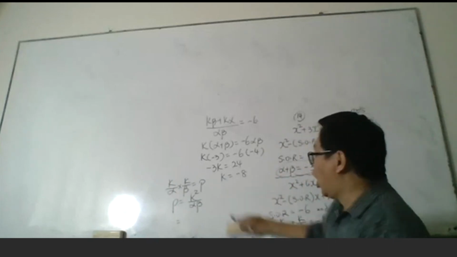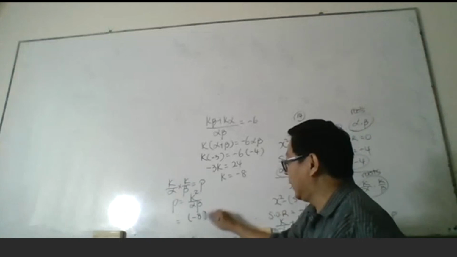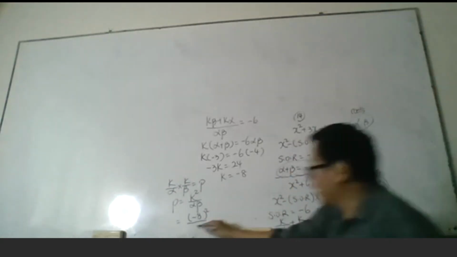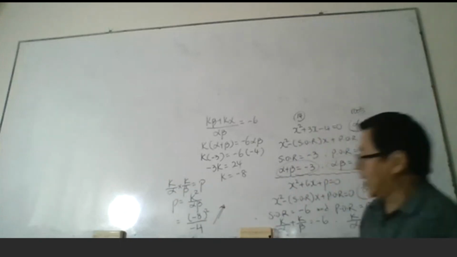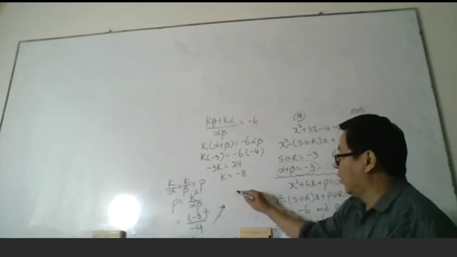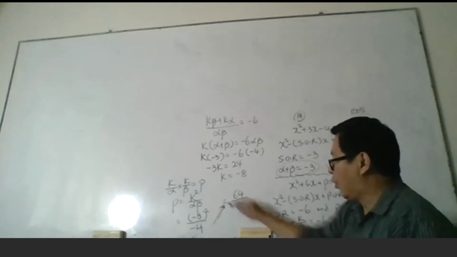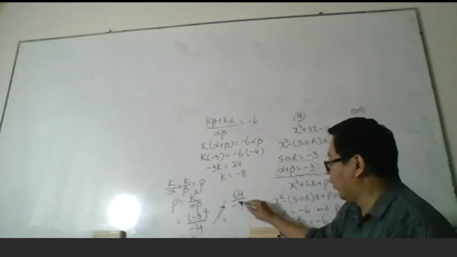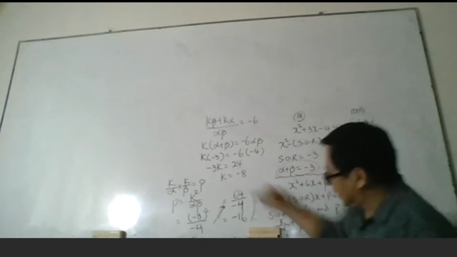And the value for k squared is definitely -8 squared, and alpha times beta, you get -4. So your final answer will be 64 over -4, and the value for p is equal to negative 16.